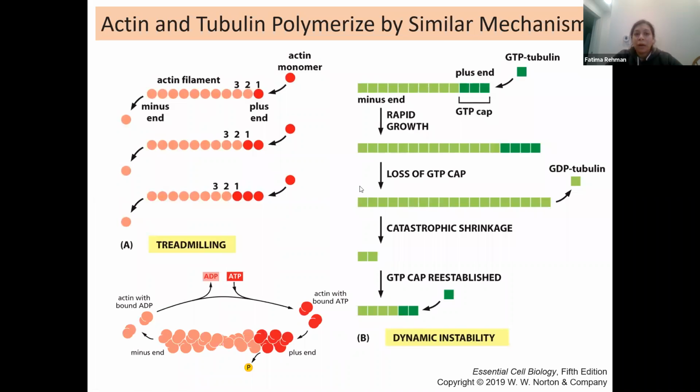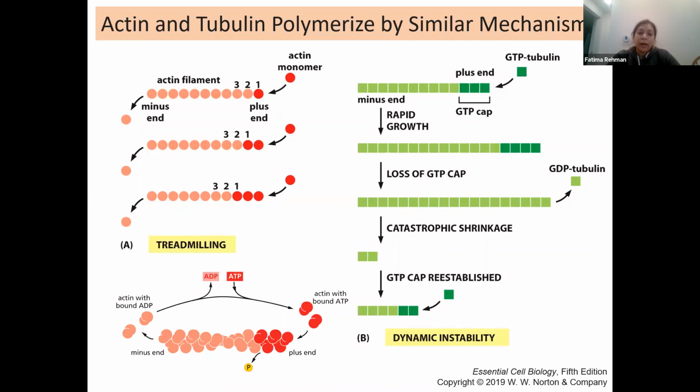So an actin monomer works, like I said, very similar to tubulin and the way it polymerizes. They both have a plus and a minus end. The actin monomer works, however, through ATP hydrolysis instead of GTP hydrolysis.